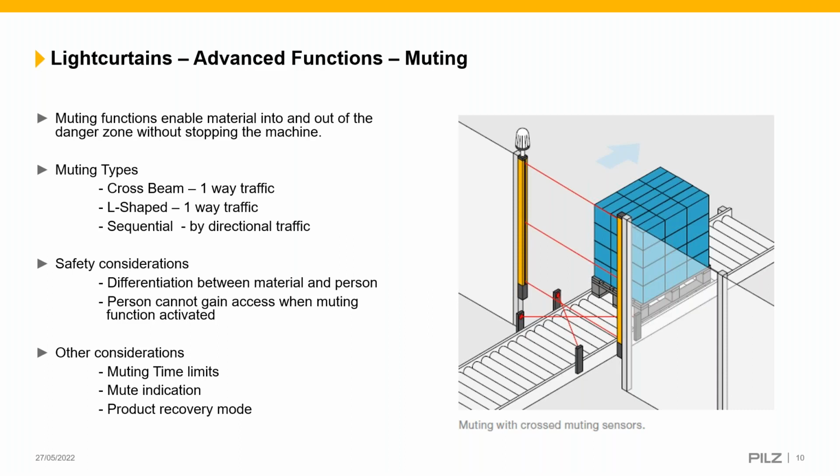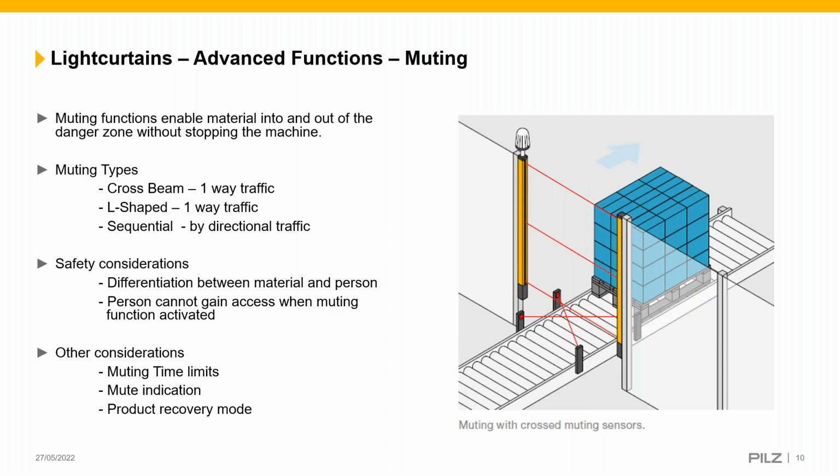And so therefore you maybe need to consider actually having a set of light curtains for every in feed or every out feed, so you don't have this situation where somebody can also, like I say, walk adjacent to the pallet and get in.